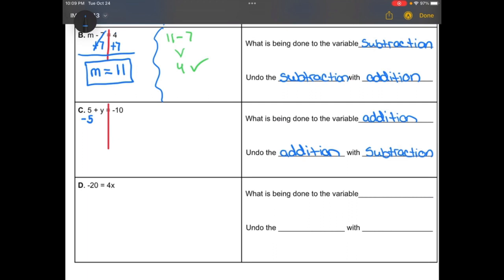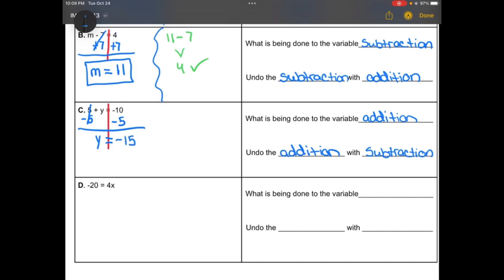So if I subtract 5 on the left side, I have to subtract 5 on the right side of the equal sign. I'm going to cancel that and bring down my y, bring down my equal sign. Negative 10 minus 5. Calculate.